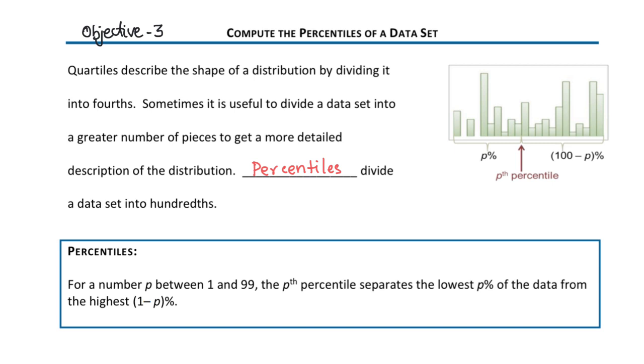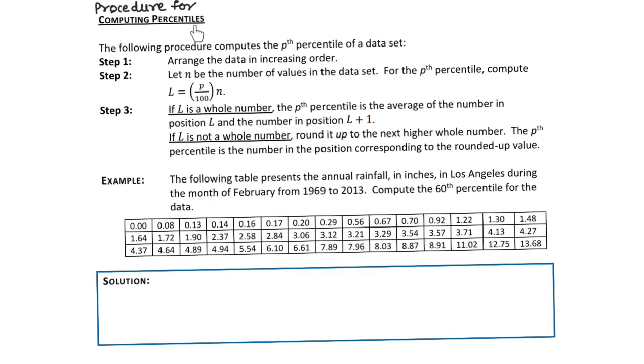Sometimes it will be useful to divide a data set into a greater number of pieces to get a more detailed description of the distribution. So, percentiles provide a way to do this. Percentiles divide a data set into hundreds. Procedure for computing percentiles. First, arrange the data in increasing order.